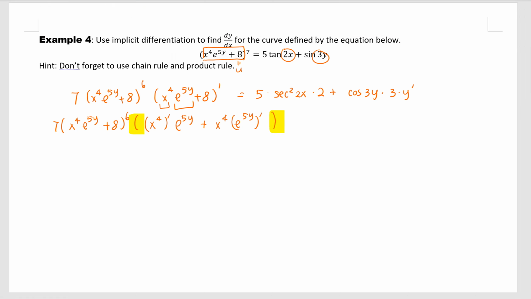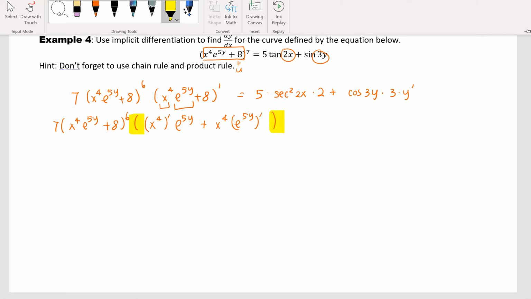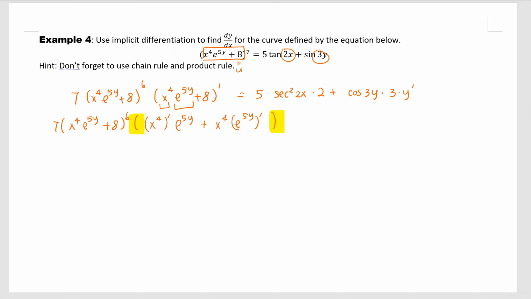Without the parentheses, it's going to be wrong. So be careful. Don't forget your parentheses. And on the right hand side, 2 times 5 is 10. So 10 secant squared 2x plus 3 cosine 3y times y prime. So far, so good, everybody? Okay, next.